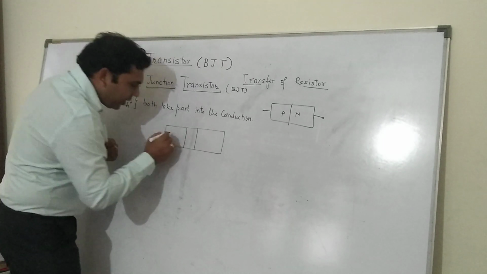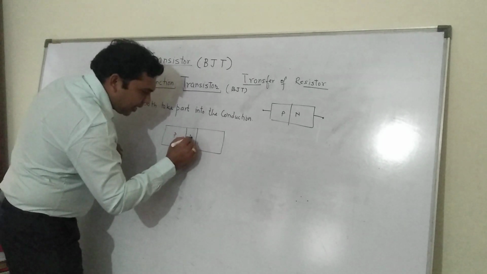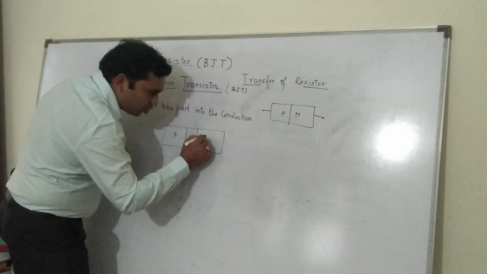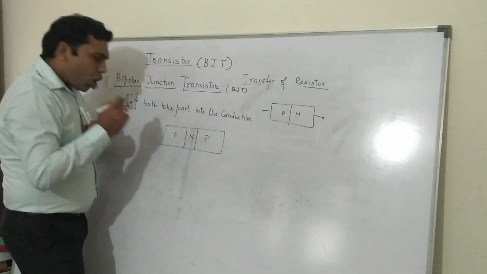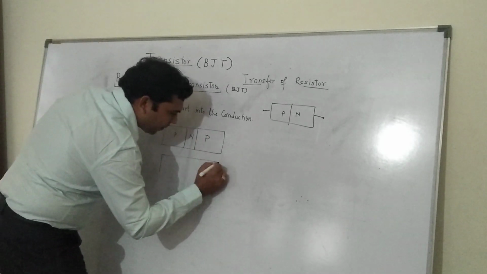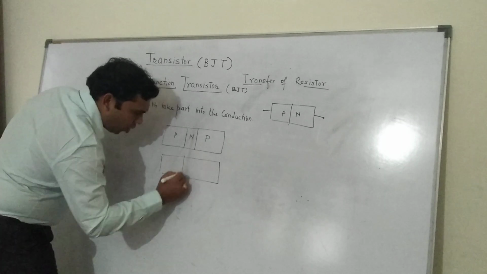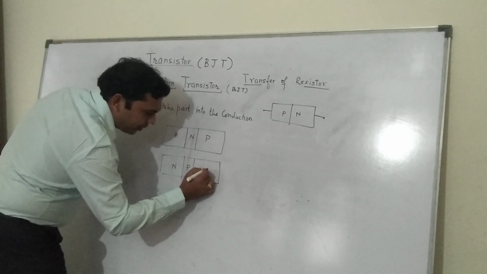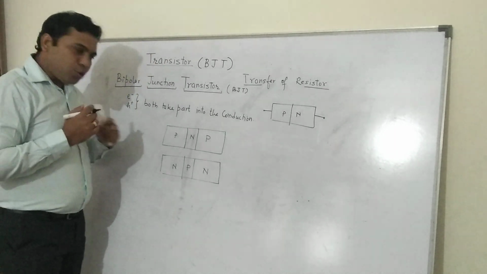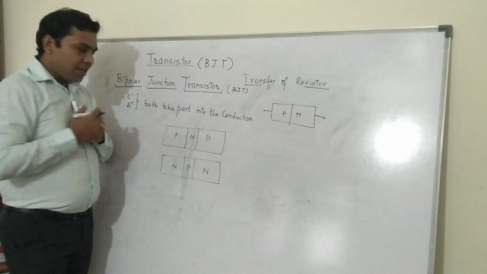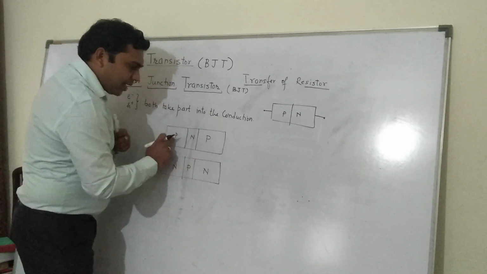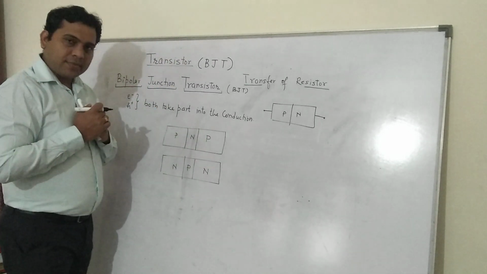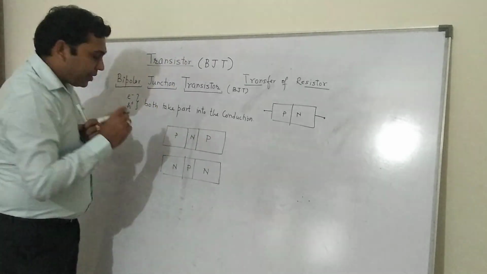It can be P, and then N sandwiched between two P's, or it can be like this, the P sandwiched between two N. These two types of BJT are there. It can be NPN or it can be PNP transistor. Now, it has three terminals.